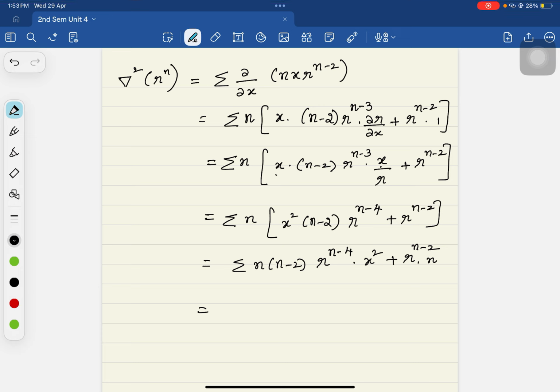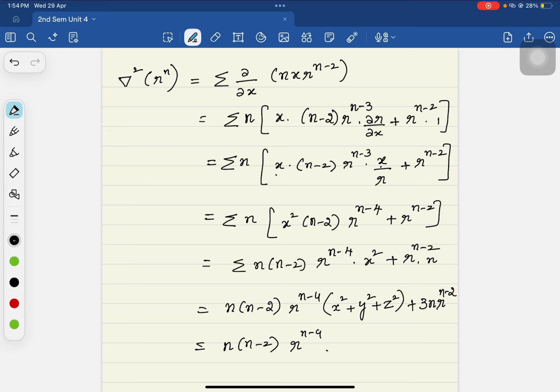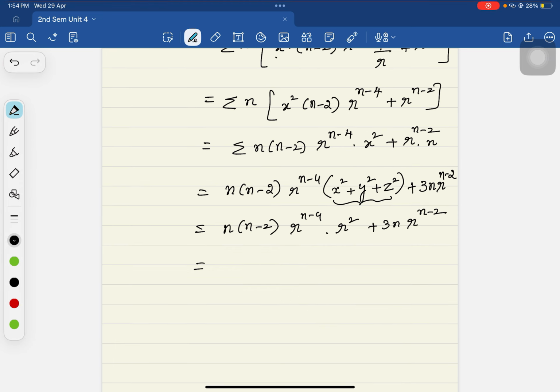When I expand this, that gives you n into n minus 2 into r power n minus 4 times x square plus y square plus z square, plus 3n into r power n minus 2. Now x square plus y square plus z square is r square. So we have n into n minus 2 times r power n minus 4 times r square plus 3n times r power n minus 2. What is common here?